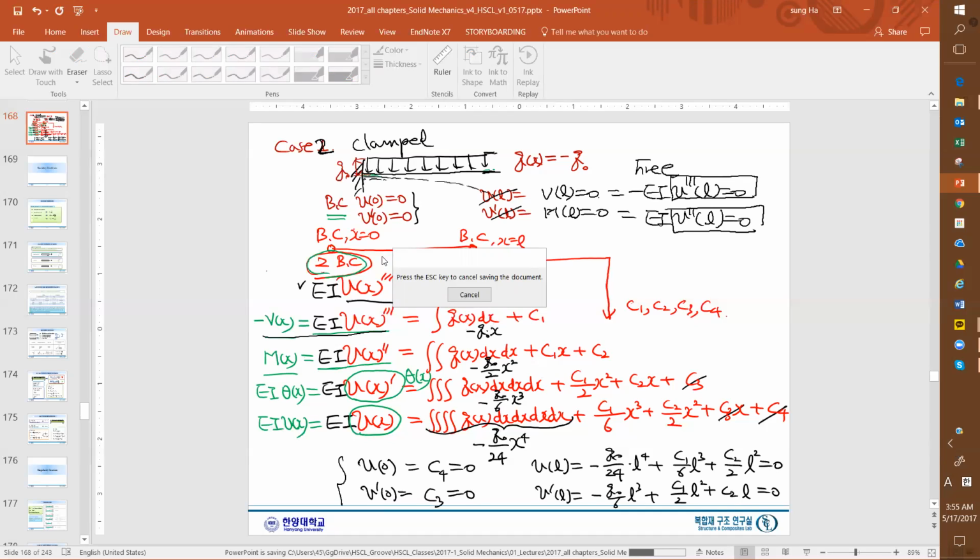So today I wanted to remind you of all the procedures needed to solve these 4th order differential equations. Again, the external distributed load q(x) and 4 boundary conditions, which you will use to determine C1, C2, C3, C4.